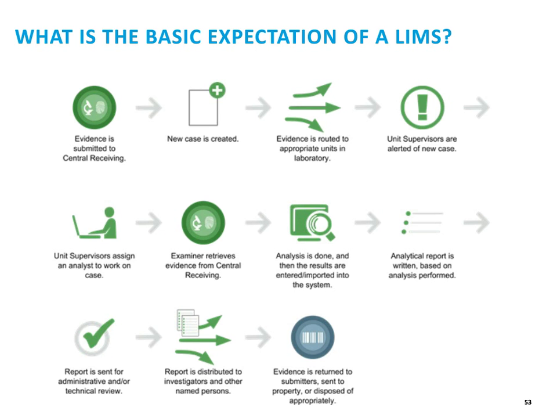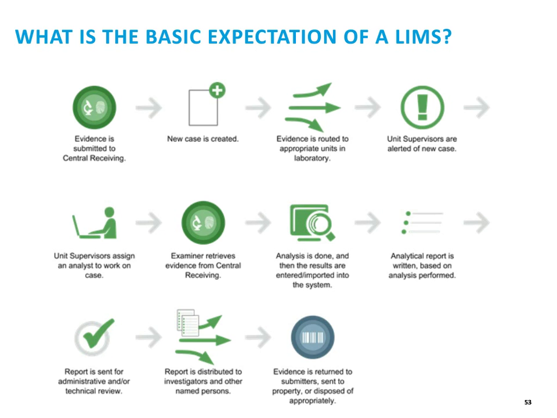There will be chain of custody documentation. Analyses will be conducted, results entered, reports generated. Those reports will be reviewed and disseminated, and then ultimately that evidence will be returned either to a submitter or to a property unit and so forth. These are the most basic expectations. Now, ideally, if all of this is being done in your LIMS, you can really get away from a lot of the paper that's being generated today.